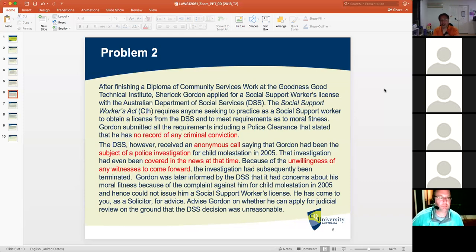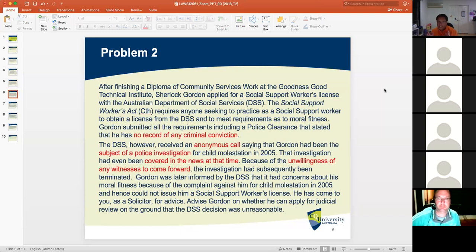The question I'd like to ask is, put yourself in the shoes of the Department of Social Services. And of course, they want to take care of kids, right? They don't want to hire somebody who has a potential record of child molestation. And so they want to keep it safe. So they know they've received an anonymous call that somebody has been the subject of a police investigation for child molestation. It was even covered in the news.